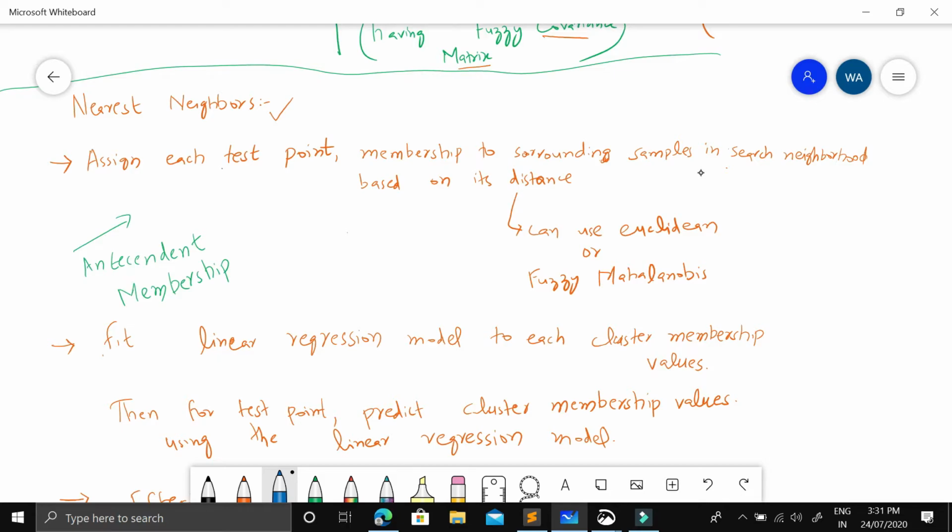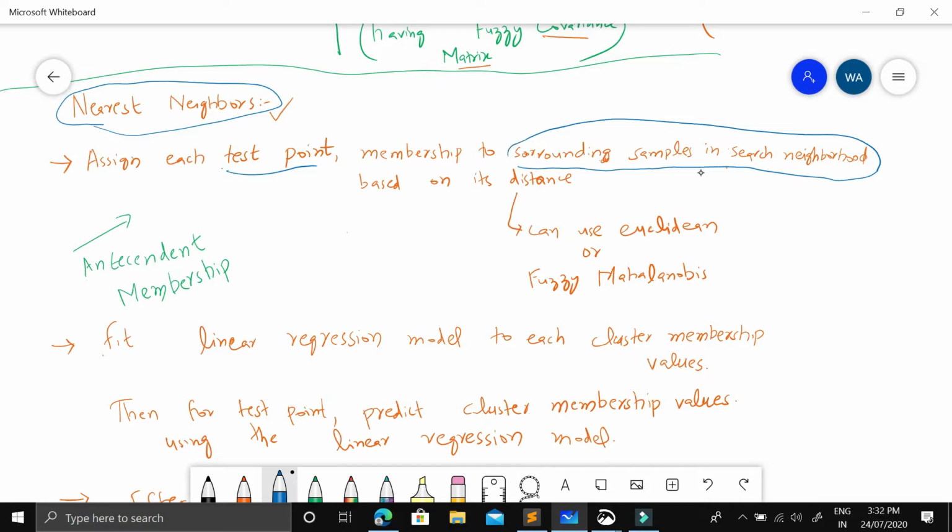Okay, once we understand this fuzzy clustering, let's come to the nearest neighbors part where we make use of this fuzzy clustering. So for each test point, we look at the surrounding samples in the search neighborhood, and we assign to each of the surrounding samples a membership value based on its distance from the test point.